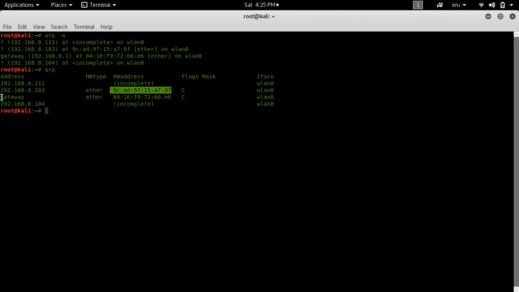This is my gateway, which is the Wi-Fi router, and the IP of this one is 192.168.0.1. This is associated with this one, and we don't know the corresponding MAC address of this system. Why? Because it may be possible that this IP address is offline, or it is not assigned to any other system on our network.